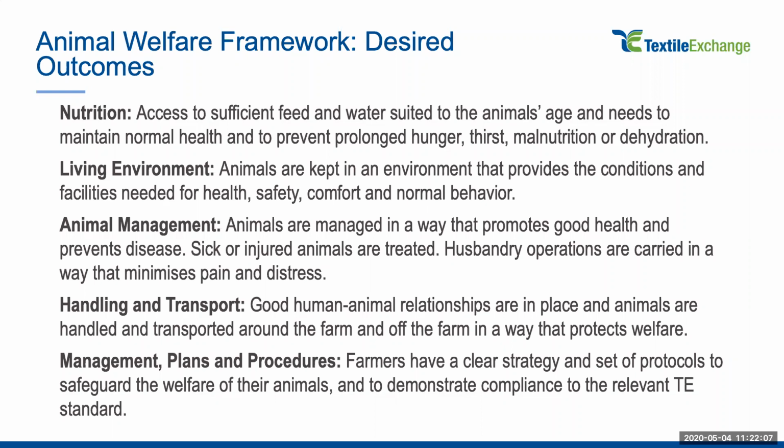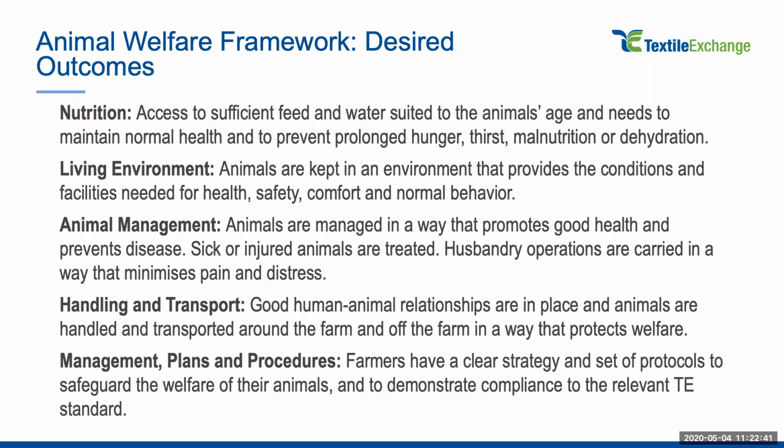So within the framework there are different modules, and these modules are relevant for all animal species. And within each module there's an overarching outcome, effectively what we are seeking to do with the standards in this module. As you see here, we've got nutrition, where the aim is that we're ensuring that animals have sufficient feed and water to maintain health and prevent prolonged hunger or thirst, malnutrition or dehydration.